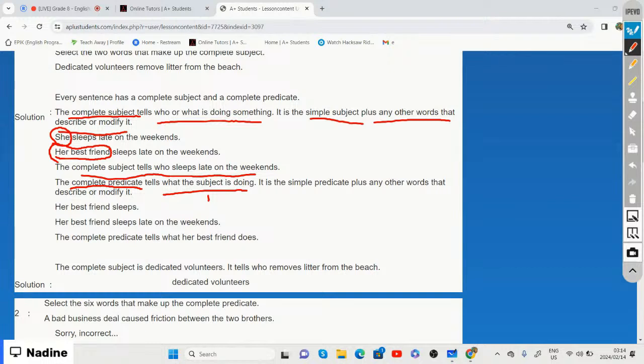And we said a complete predicate tells us what the subject is doing, right? It's the action. And it is a simple predicate plus any other words that describe or modify it.